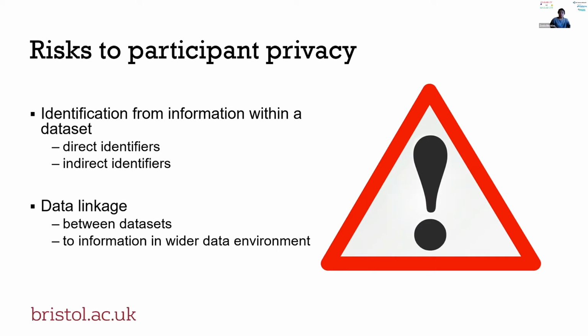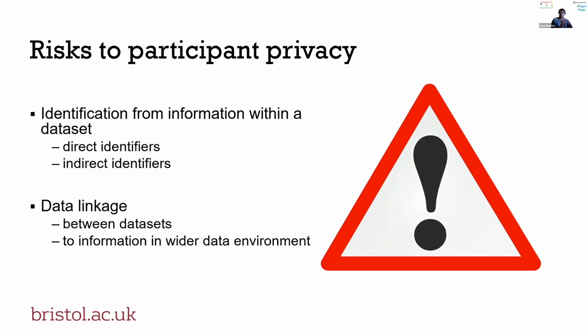So, for example, if a data set is published and the data set itself doesn't include information on where participants live, the protocol or the manuscript that reports the findings might include information on where the participants were recruited from. And so with that information, you then have another piece to add to the puzzle of what's in the data set, and again, it could potentially increase the risk to the participants.